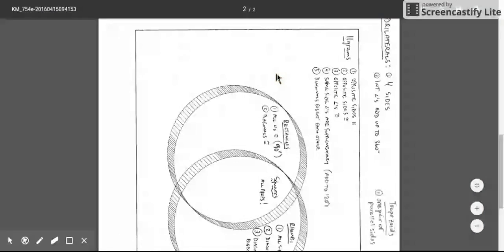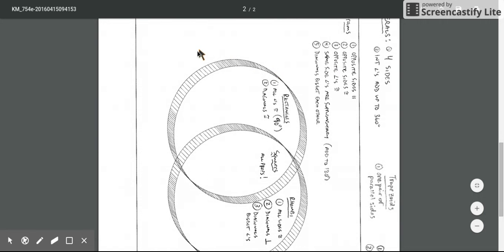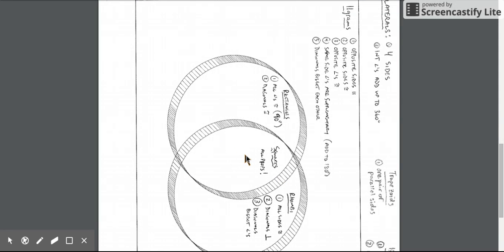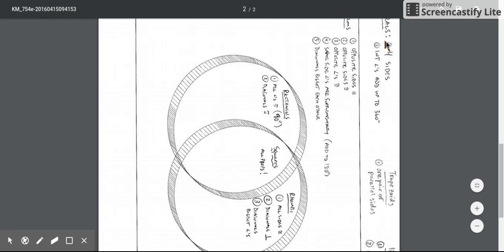If we get more specific with types of parallelograms, they're going to be inside this rectangle. So rectangles are parallelograms. We'll call the rectangles the left circle here. Things that are in this circle are rectangles. On the right circle, we could talk about rhombi. So things that are in that circle contain the rhombus properties. And inside the very center are squares. They're going to inherit every property that we're talking about with regard to quadrilaterals and parallelograms.